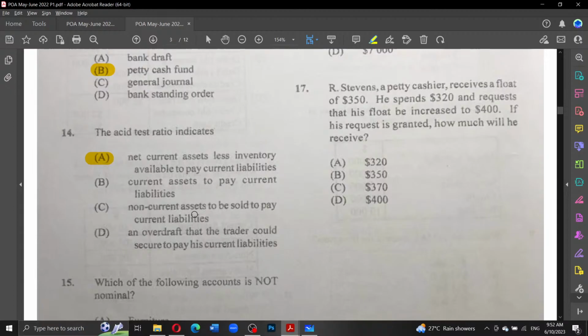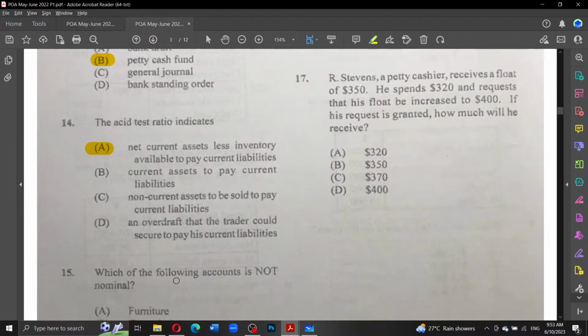Usually you don't sell your non-current assets unless they are old. An overdraft. Okay, that's not an overdraft. So the best answer here, this here is following the formula. The formula is current asset minus inventory, that is closing inventory, divided by current liability. So the best answer here is going to be A.